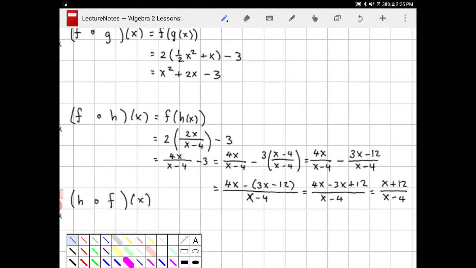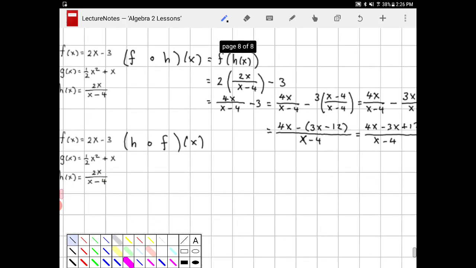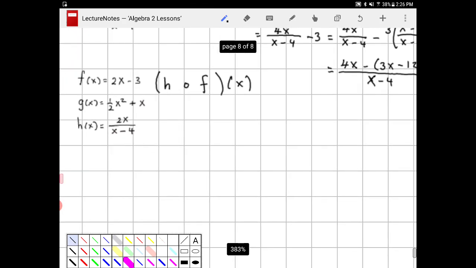All right, moving on. Next, I have h of f. This is the last one. This is saying place f inside of h. So wherever I see x inside of h, I'm going to replace that with 2x minus 3.